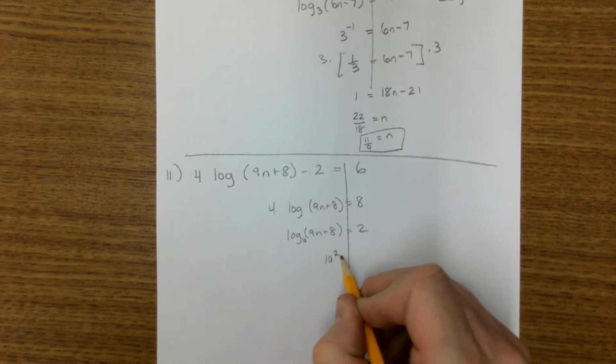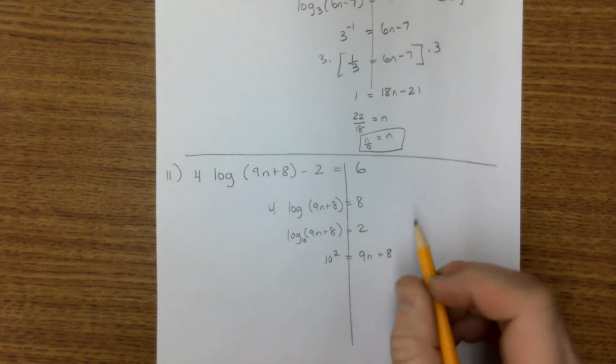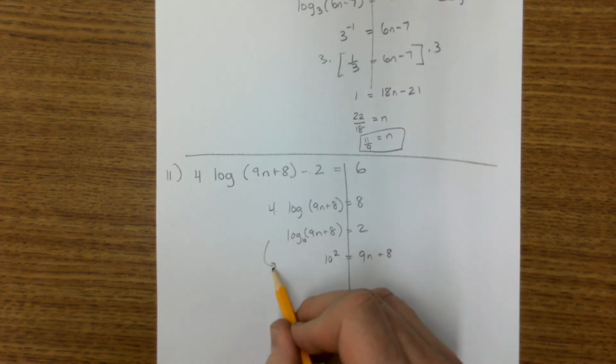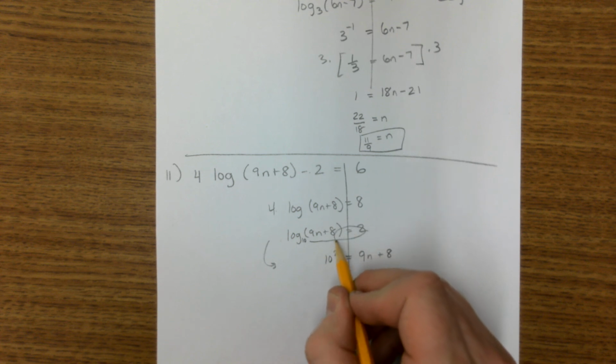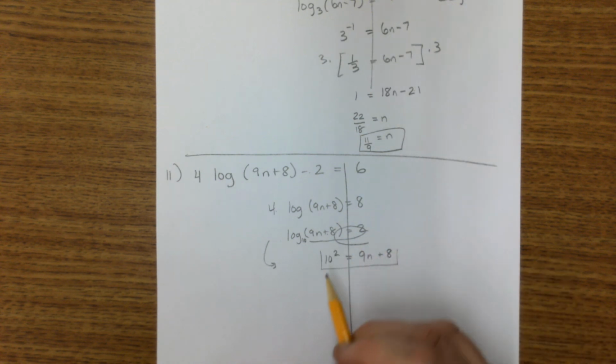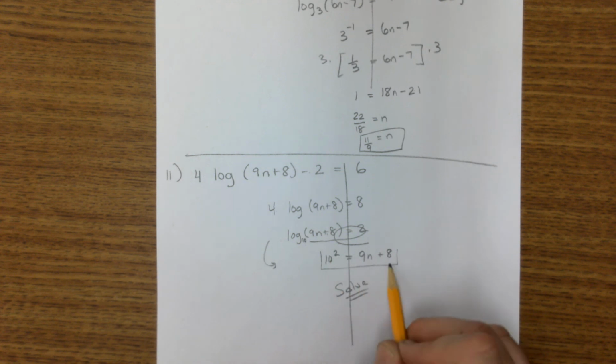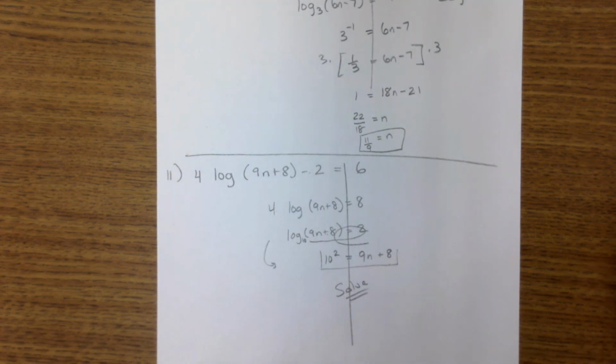And again, 10 to the second is 9n plus 8. If you forget this step, the key is go with this letter E. 10 to the second power is that. It always helps me remember it. Now you just have to solve that equation like normal. That's 100. Add that over there and divide.